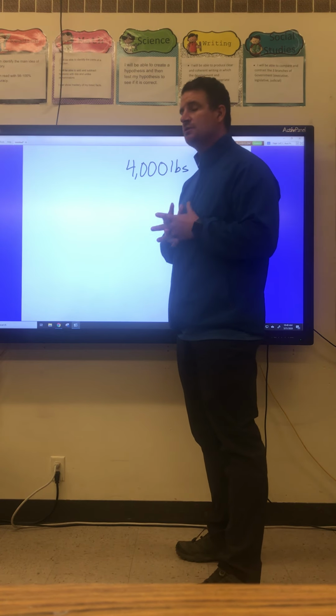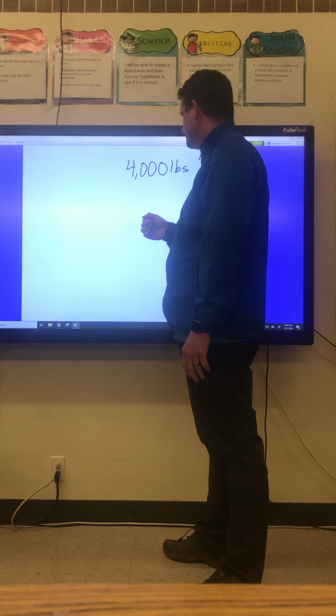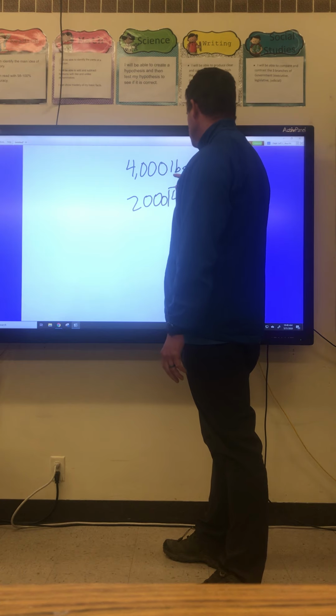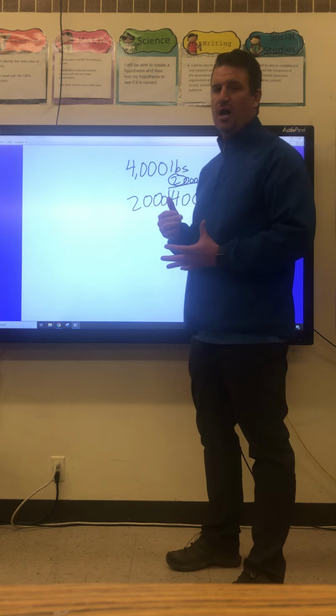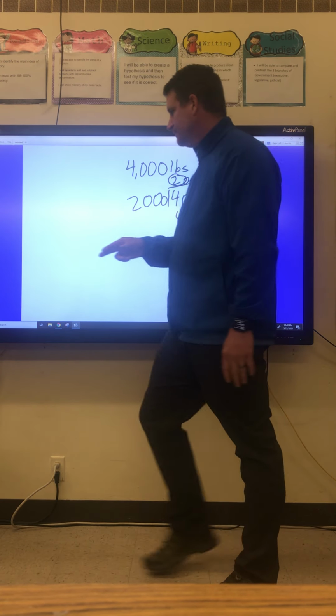We know that 2,000 pounds equals 1 ton. So if we divide this by 2,000, we'll figure out how many tons. Well, it can go into 4,000 2 times. So we know it weighs about 2 tons. So a couple different conversions there.